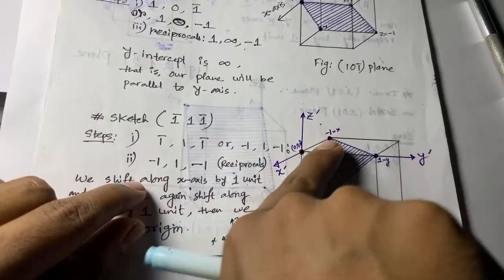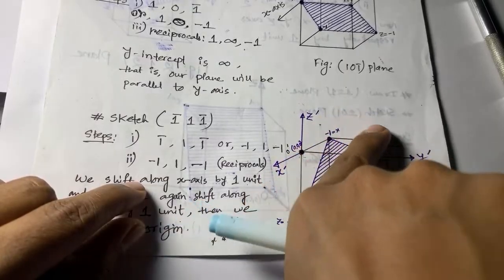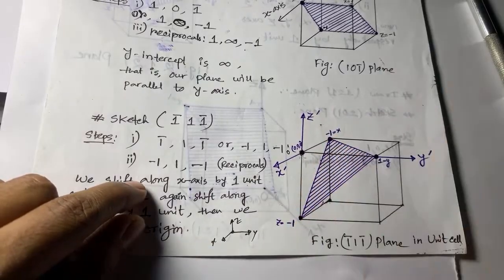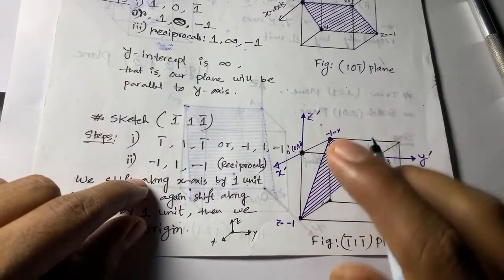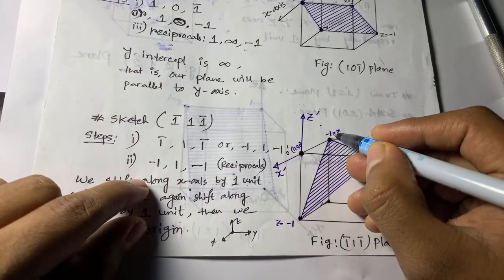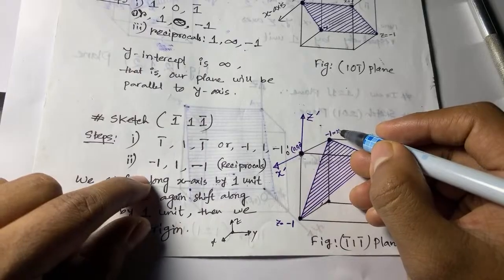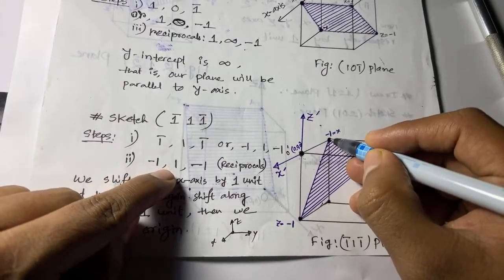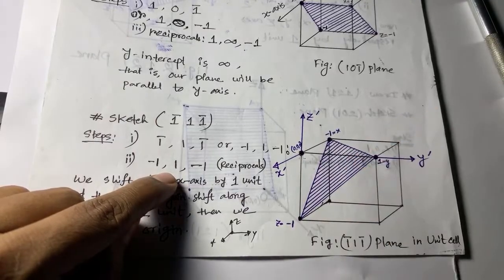You go along this direction, you get minus x, the negative values of x. As this is a unit cell, from here to here you get -1. That is the value of x, and you mark it like I did.